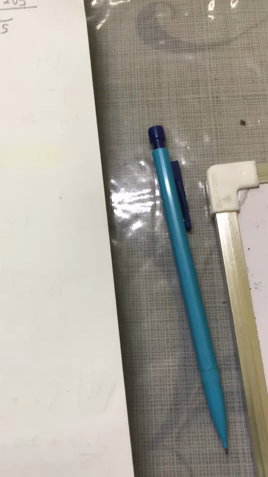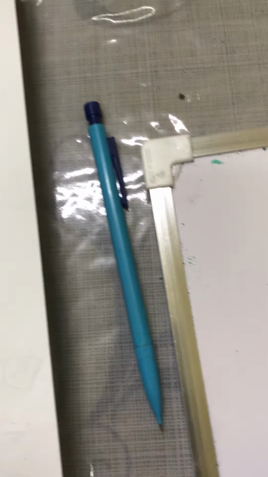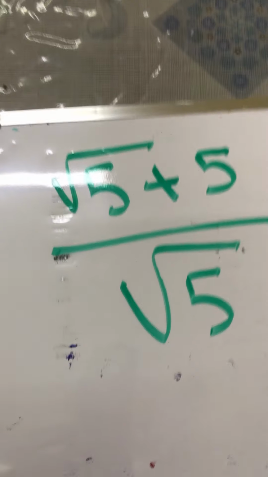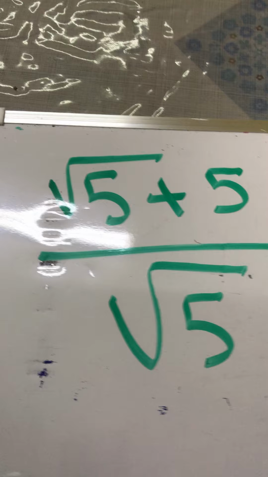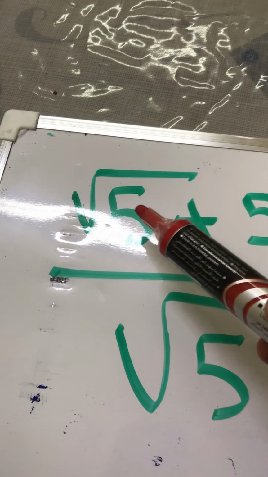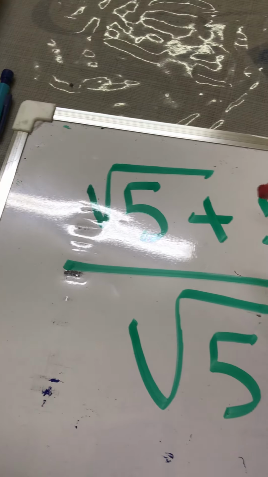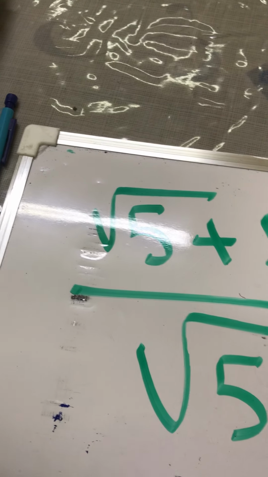If I have square root of 5 plus 5 over square root of 5. I choose this example specially to say again and again that it is not allowed to cancel square root of 5 with square root of 5 because you have addition here.